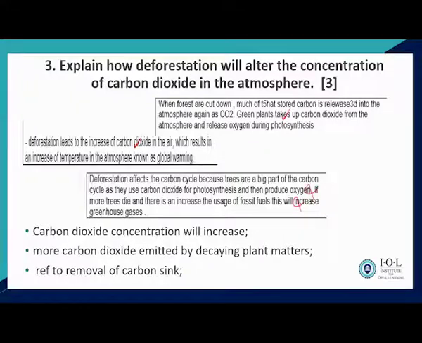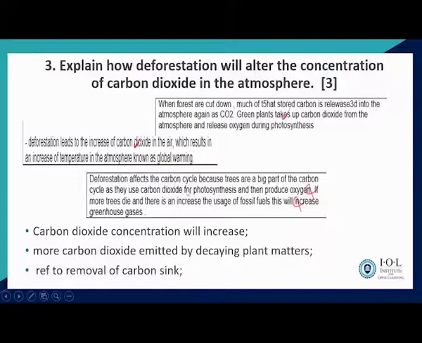So this student has at least described the influence of deforestation on carbon dioxide concentration, okay, and did not explain this effect. Why should carbon dioxide increase, but rather went on to tell us what carbon dioxide high levels will do to the globe, such as global warming. It is not what a student should have said.